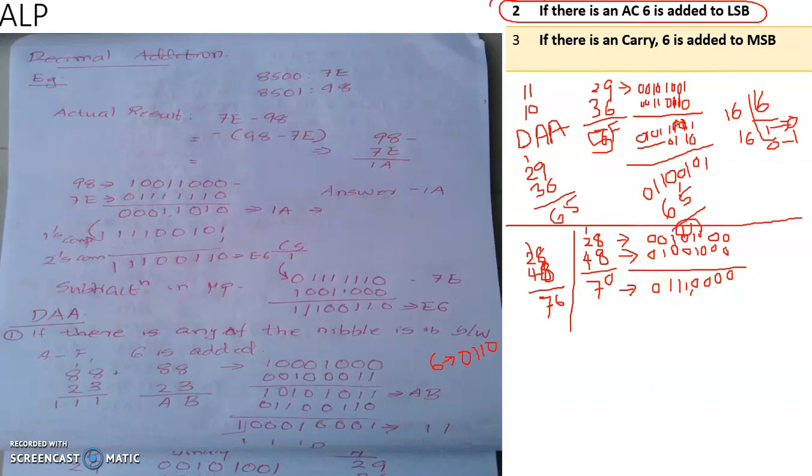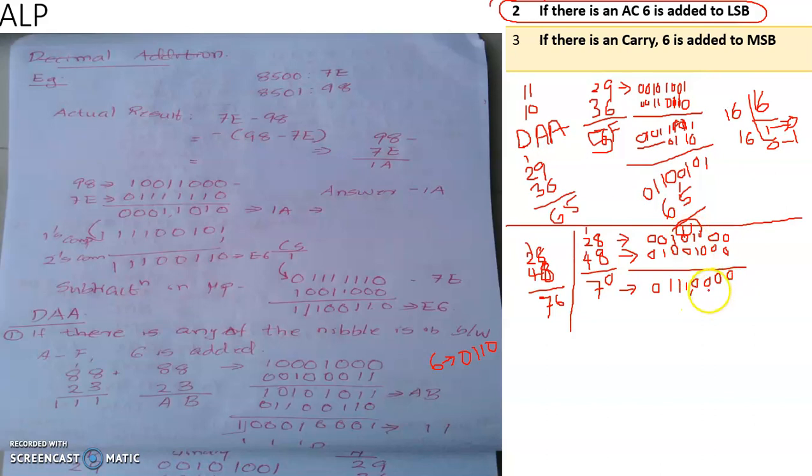Now once we perform decimal adjust accumulator, the first rule fails. None of the nibbles in the result is purely hexadecimal. Then you will have to check whether we can apply the second rule. That is, if there is an auxiliary carry, 6 must be added to the LSB. Here we have an auxiliary carry being generated.